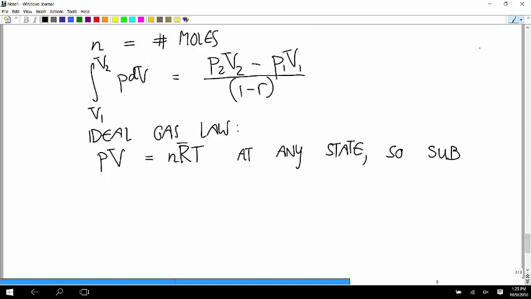So let's call this one star, and the ideal gas law double star.